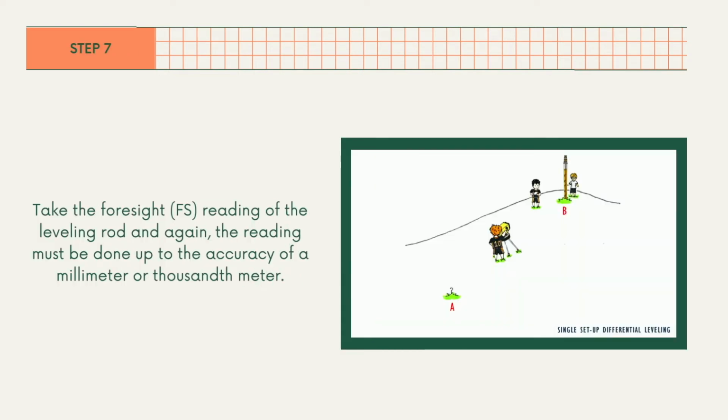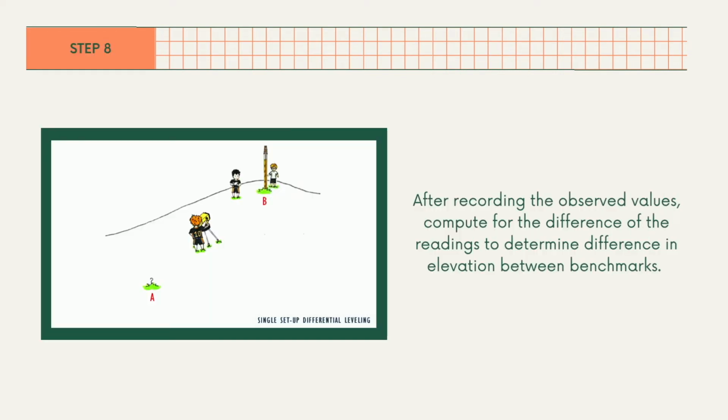Now, you can take the foresight reading of the leveling rod, and again, the reading must be done up to the accuracy of a millimeter or thousandth of a meter. After recording the observed values, compute the difference of the readings to determine the difference in elevation between benchmarks.